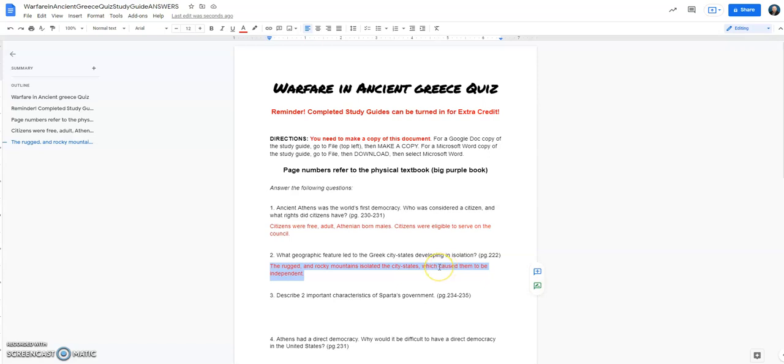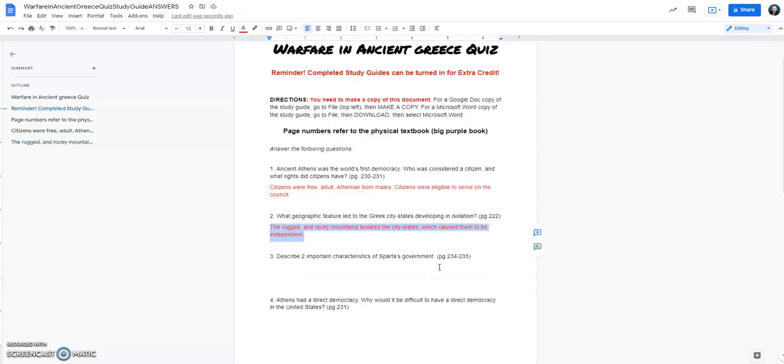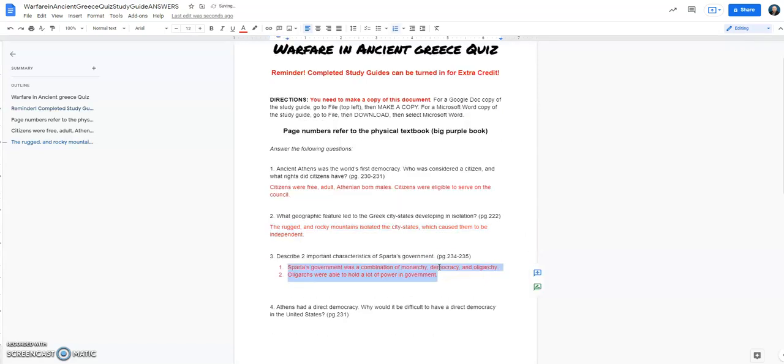Question 3, describe 2 important characteristics of Sparta's government. Sparta's government was a combination of a monarchy, a democracy, and an oligarchy. Let's break that down. An oligarchy is ruled by the few. In Sparta, there were 28 rich old guys who were in charge, which made it an oligarchy. Those 28 guys voted on who got to be king.